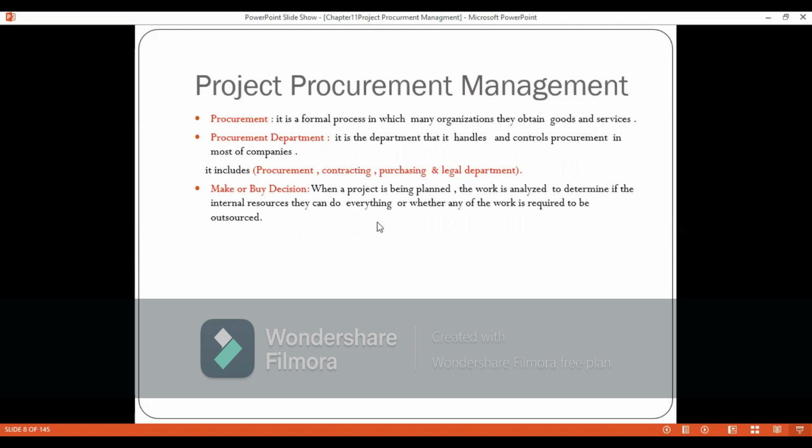So procurement is a formal phase in which, in many organizations, you obtain goods and services. Now I need you to make sure that you distinguish between a procurement and a purchase. Actually, purchases and contracts are always under procurement, right?